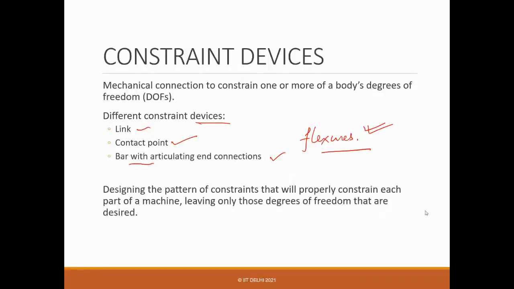Our role as a designer is designing the pattern of constraints. This is very important: a pattern of constraints that will properly constrain each part of a machine, leaving only those degrees of freedom that are desired. So you remove whatever degrees of freedom are not required by putting a good pattern of constraints. That's the idea.